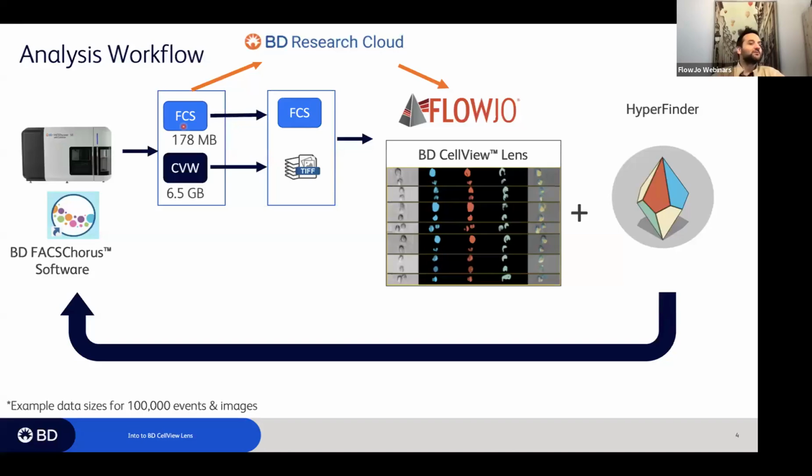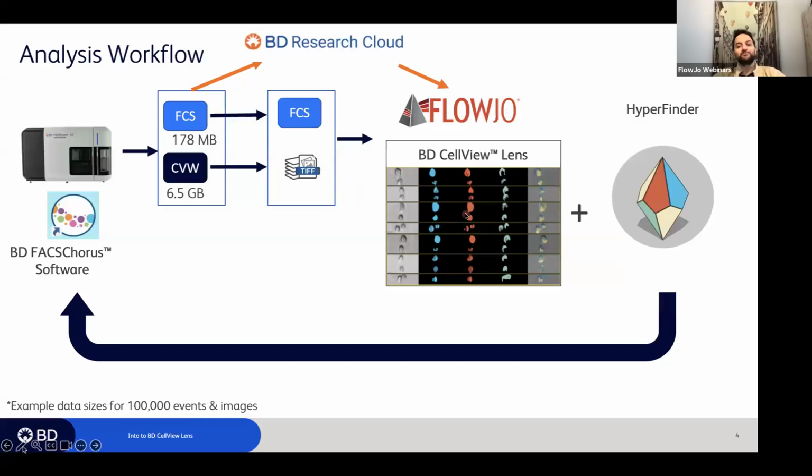If you acquire 20 samples, then of course it's going to be different, and you might need a different solution to store those and directly have them accessed within FlowJo. So the Research Cloud is the solution we have. Once you have the FCS files and the TIFF files, you can drag and drop your FCS files into FlowJo and run the plugin. The plugin will then ask you where exactly your TIFF files are located. You give that input, and then you can start the analysis.